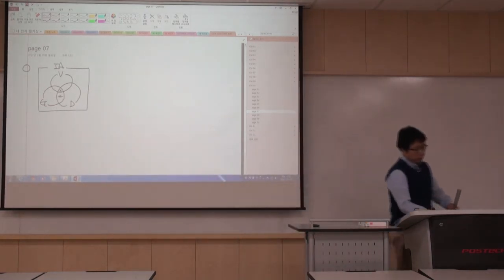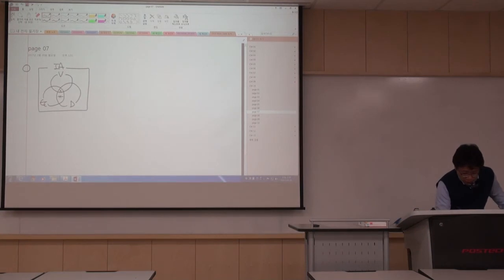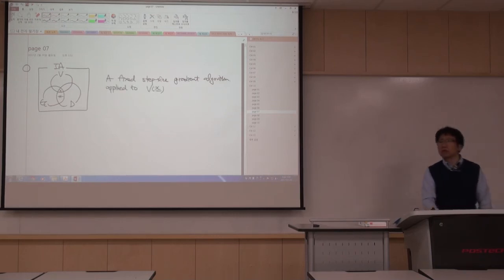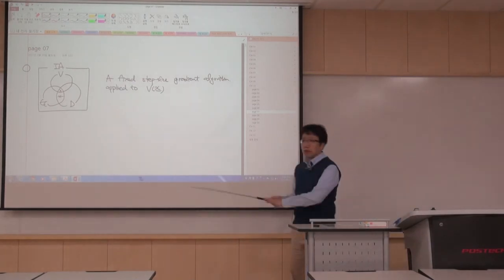A fixed step size gradient algorithm is going to be considered and applied, of course, to find the global minimizer of V of x, the quadratic function.